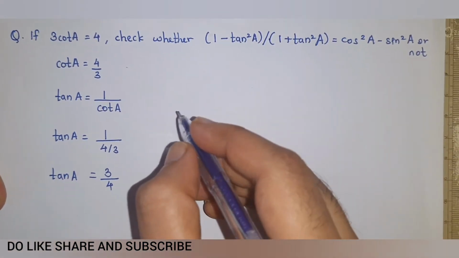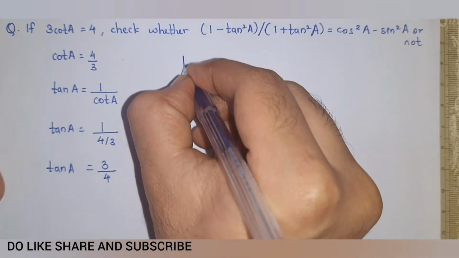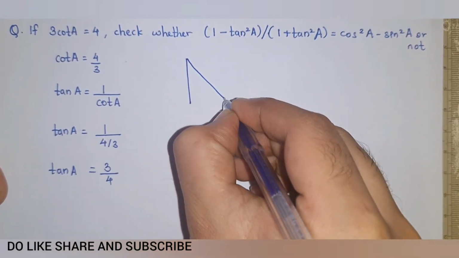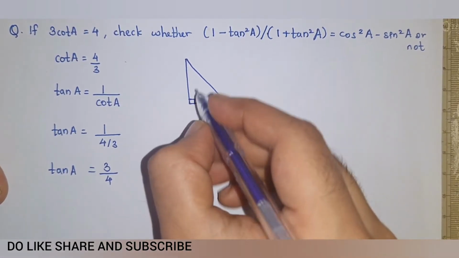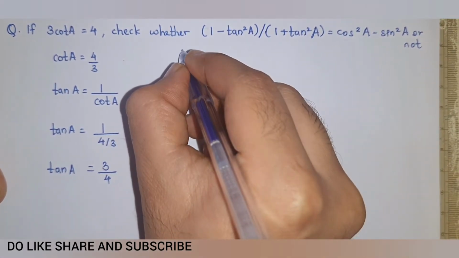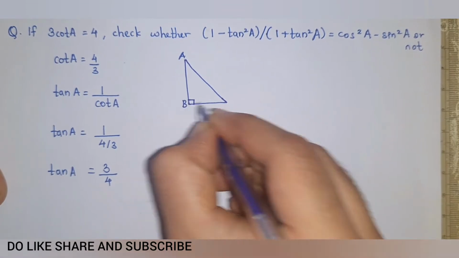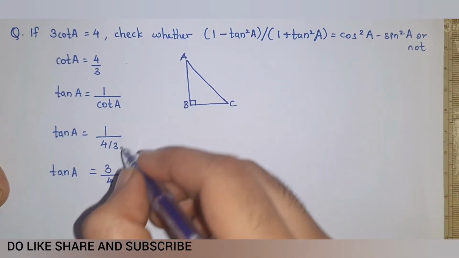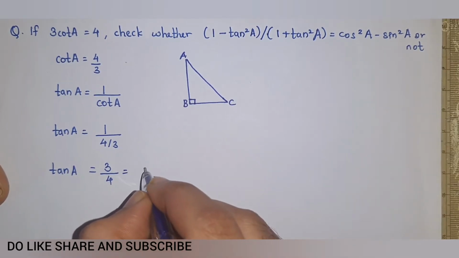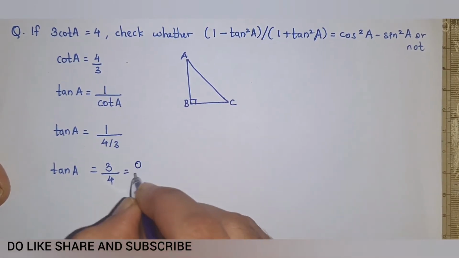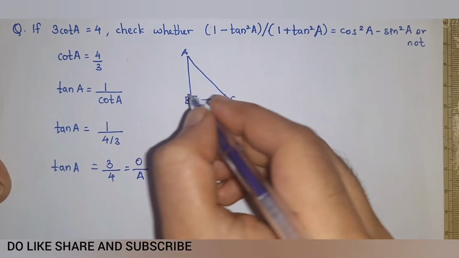Now we will draw a triangle for easy understanding. Consider a right angle triangle named ABC. Here tan theta is equal to opposite upon adjacent side.